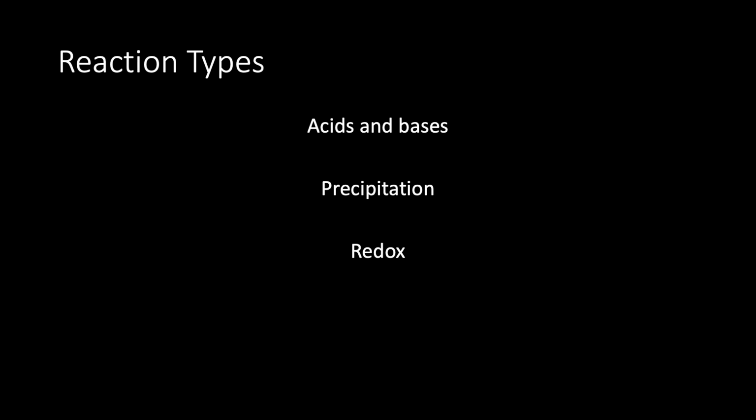Precipitation, maybe half a chapter. And then oxidation reduction, well, that deserves its own chapter as well. So these are the three reaction types we will keep coming back to. And this is why Gen Chem 2 is linked to Gen Chem 1, because we keep using those principles over and over again, and we're building on what we've learned before.